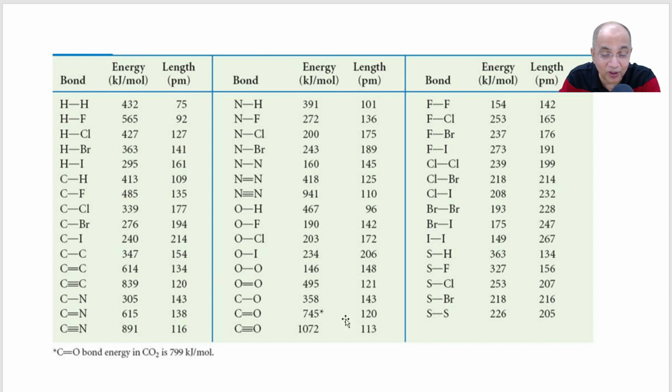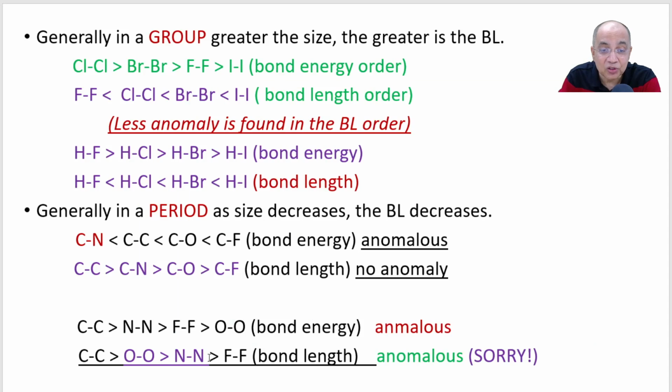So why is O-O a longer bond than N-N, although size-wise nitrogen is greater than oxygen? So nobody knows.